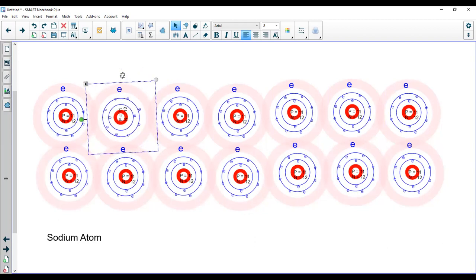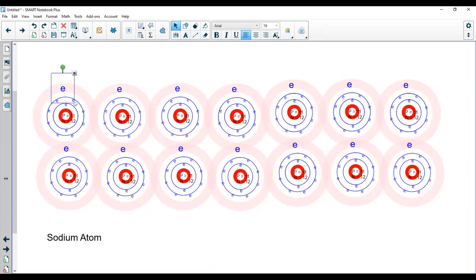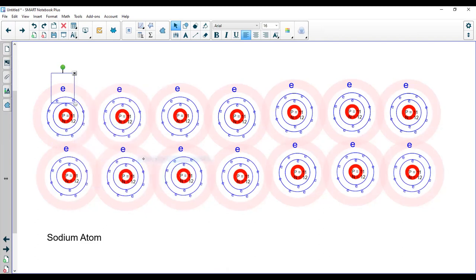But what's special about this 11th electron? It has a path. It can flow from this orbit to the next. As it goes to the next, what happens? The other electron comes to this one. So this electron goes to the next.